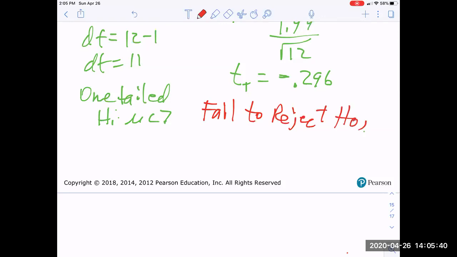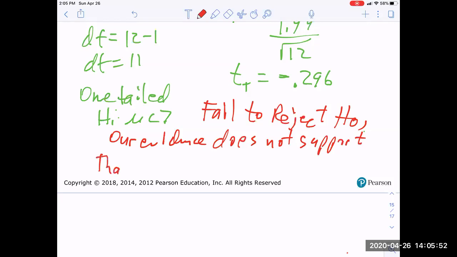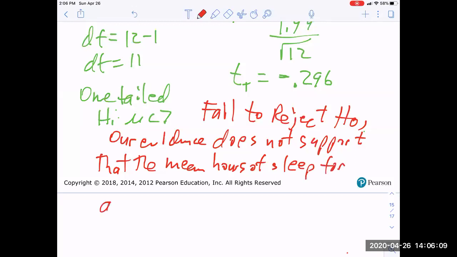So our evidence does not support that the mean hours of sleep for an adult is less than 7 hours.